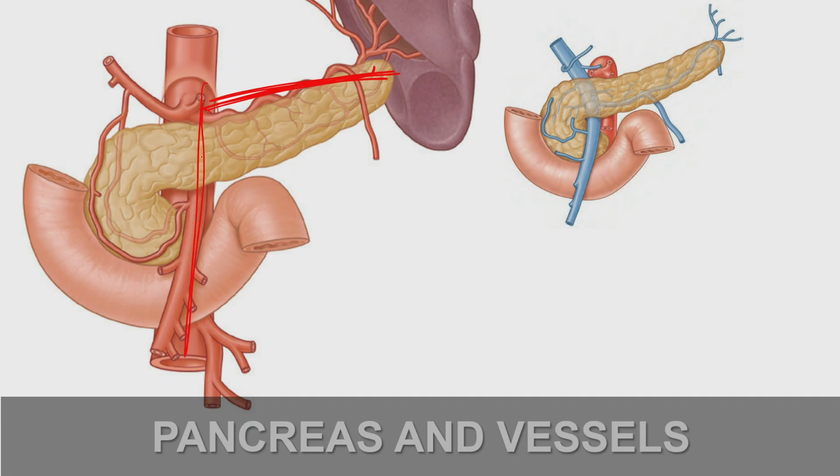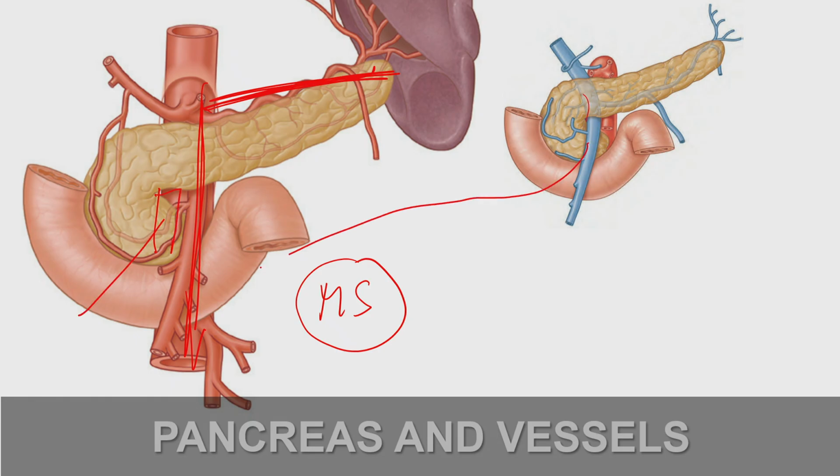In longitudinal orientation we have the mesenteric vessels, the superior mesenteric vessels. More right is the vein, and more left is the artery.